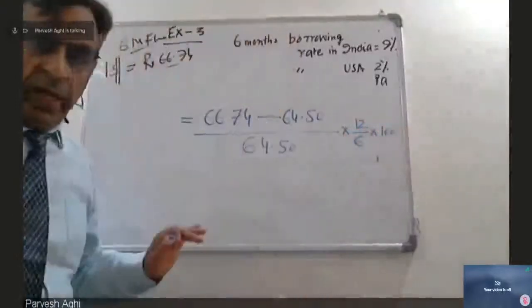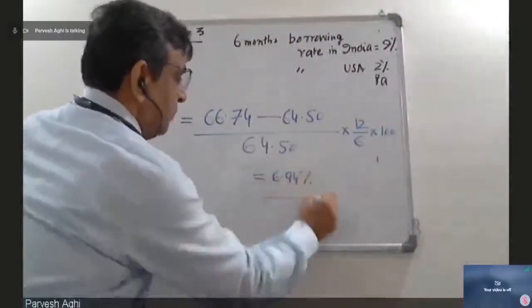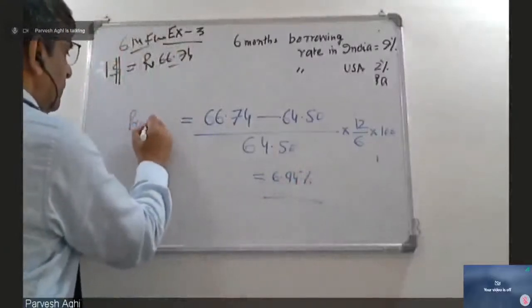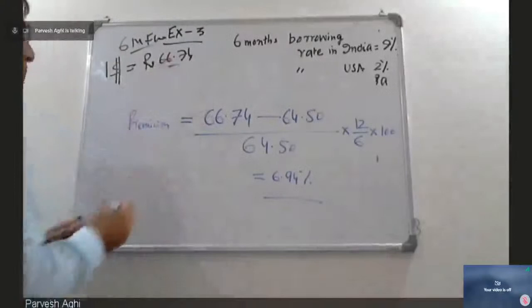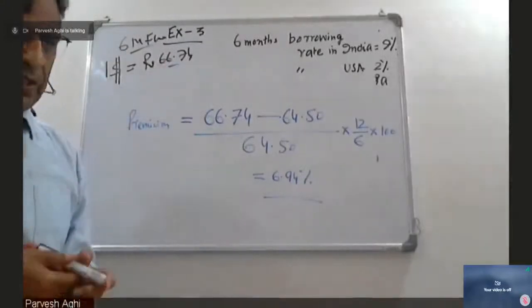So this comes to 6.94% premium. That means the dollar is at a premium, at the rate of 6.94%.